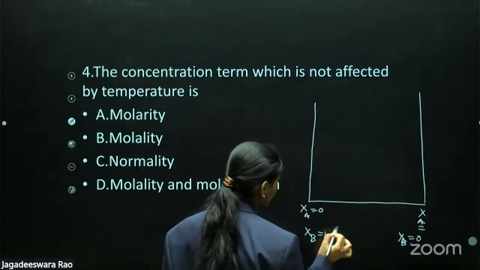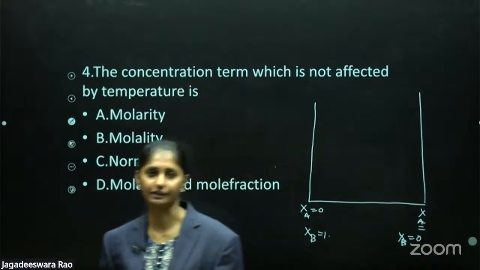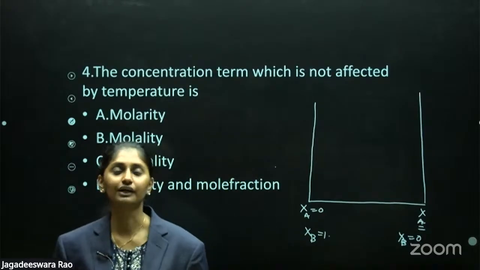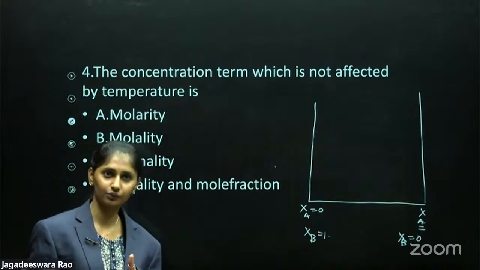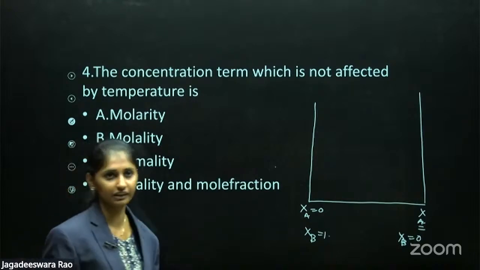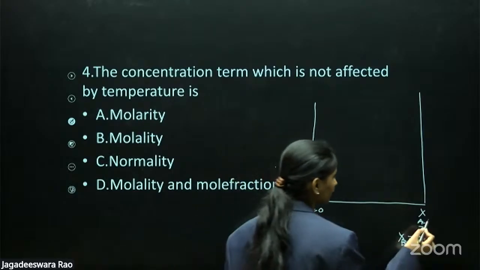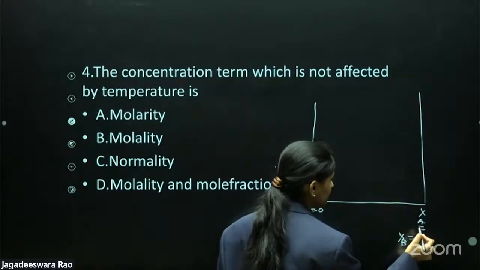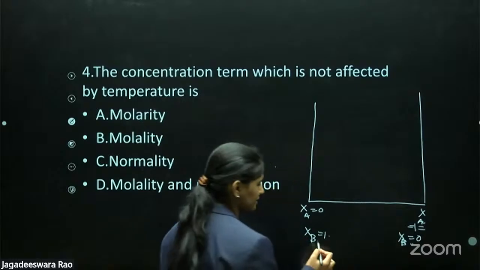Since the formula is like M1 X1 plus M2 X2, you get 2 slopes. You can show the 2 slopes in one direction, but I want to differentiate. So I'll draw the 2 graphs simultaneously: XA is equals to 0, XA reaches 1. Similarly, XB is equals to 0, which reaches XB is equals to 1.